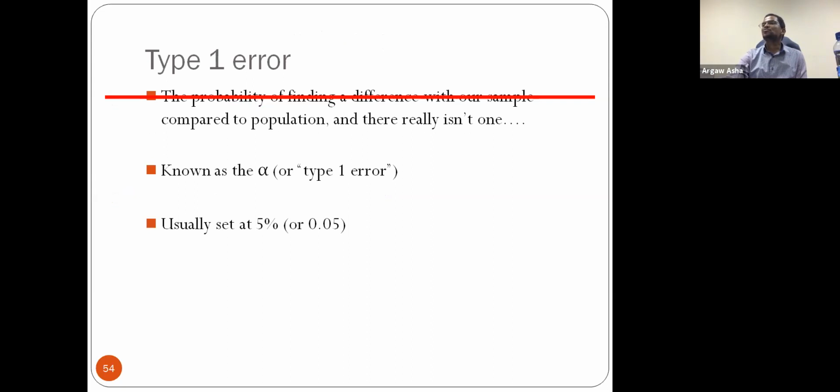When you see these cases, we have type 1 and type 2 error, which we mentioned earlier, around slide 34 or 35. You may have type 1 error or type 2 error depending on the percentage. Type 1 error is the probability of finding a difference in the sample compared to the population. This is known as alpha.